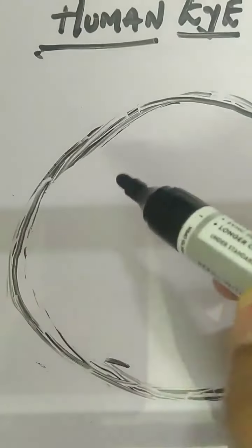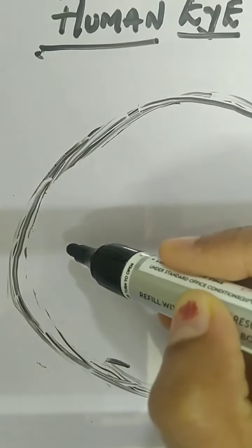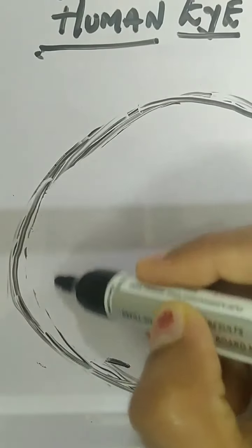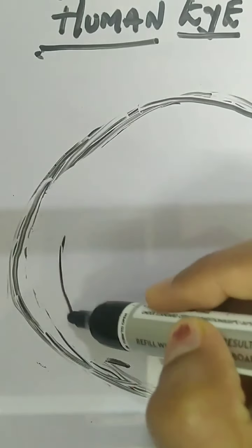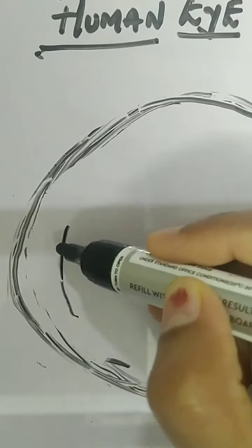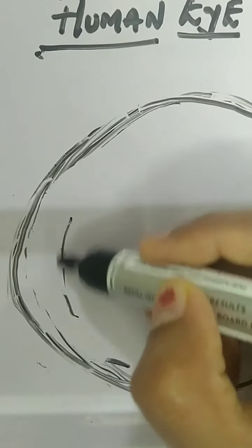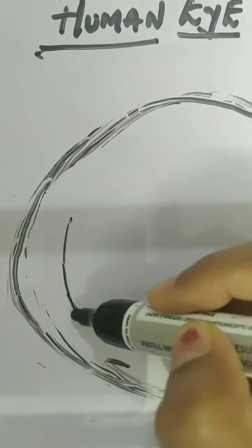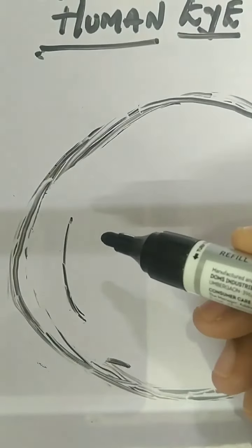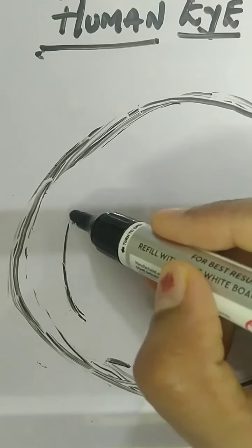And here, somewhere here, we will fix a small point, an arc. Now this arc should be a little darker because that is the iris. From where you get the iris and the pupil. So this part, keep it dark.